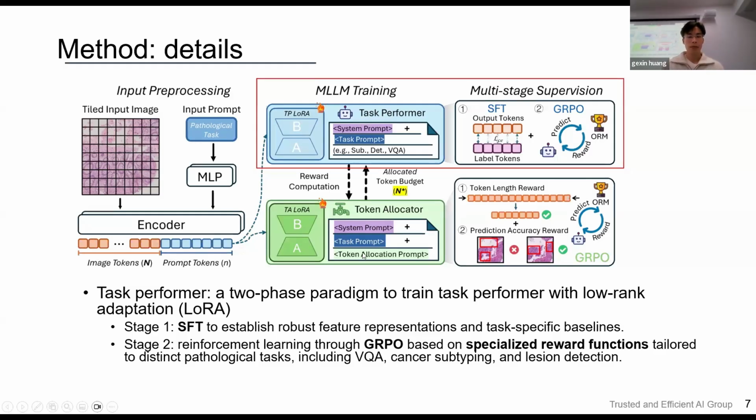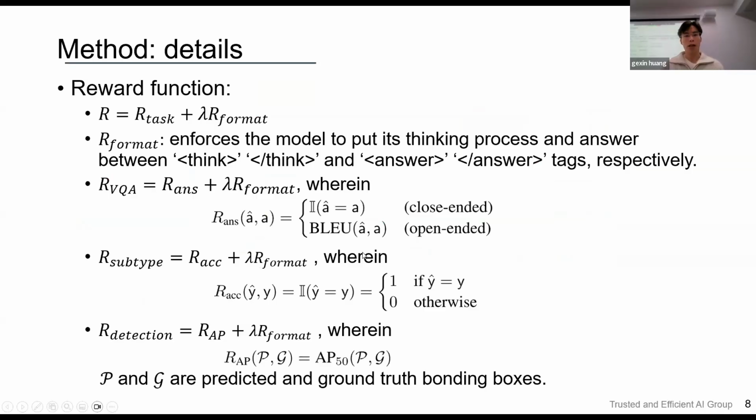For the reward function, they define it as the reward for the corresponding task plus the reward for the format. For the format reward function, they enforce the model to put its thinking process and the answer between the thinking tags and the answer tags, respectively.